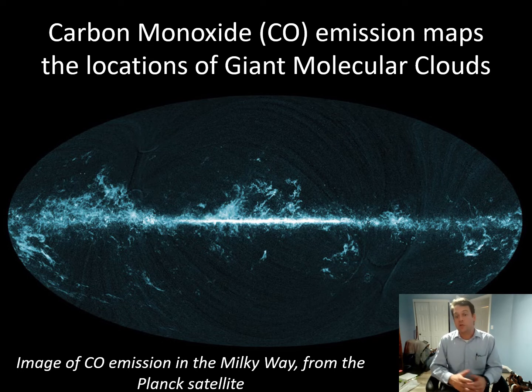And so here you see where the carbon monoxide is in the universe, or not in the universe, but in the galaxy. And you see, again, it's largely around the galactic plane. Makes sense. That's where most of the stuff of any kind in the galaxy is. But you see stuff above and below the plane as well.